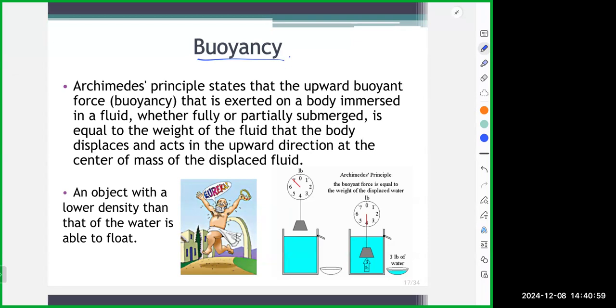As you can see in this picture, a mass of around 7 pounds, when you put it into water, the weight is around 4 pounds. Why?